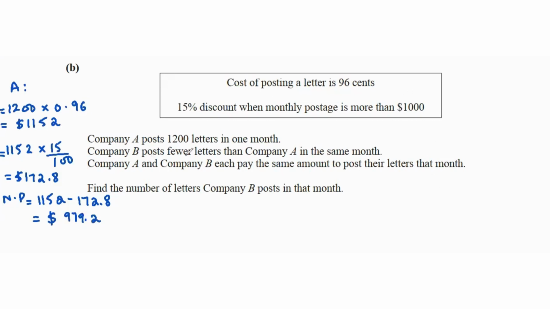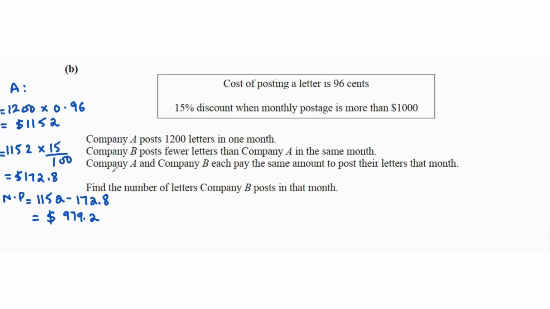Then Company B posts fewer letters than Company A in the same month. Company A and Company B each pay the same amount to post their letters that month. So Company A was initially paying 1,152, but they got a discount of 15%, which reduced their cost to $979.2. As the question says, Company A and Company B each pay the same amount.